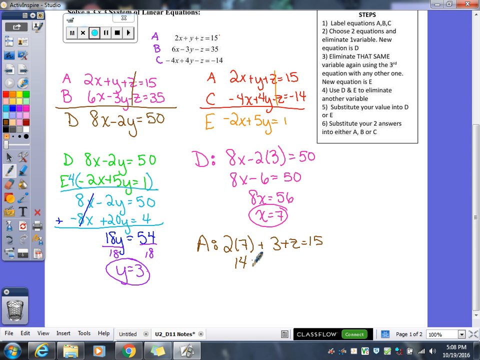So this gives me 14 plus 3 plus z, 7, there's 15. Add these two, I get 17. Subtract 17, and I get z equals negative 2. So then you can always go back and check, plug all your numbers into all 3 equations, and it will definitely work out. So again, same elimination process, you just have to do it more than once.